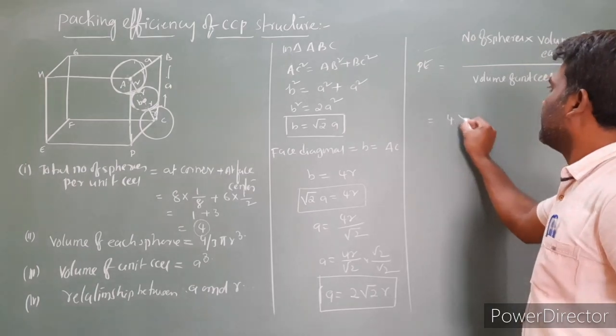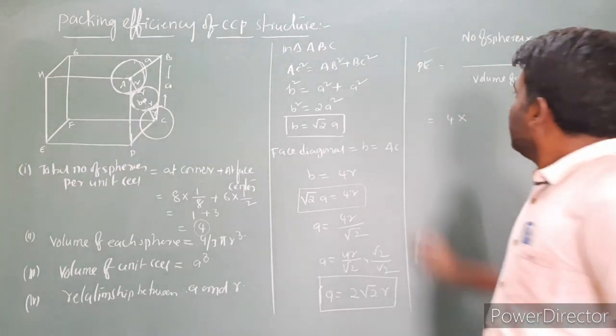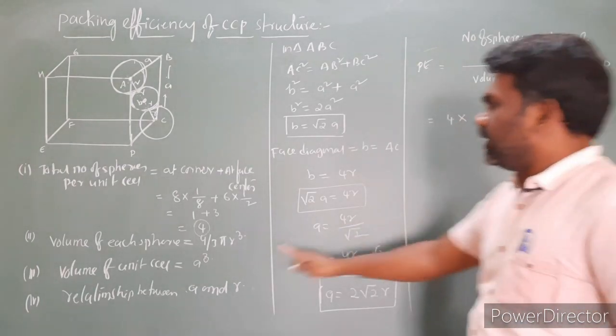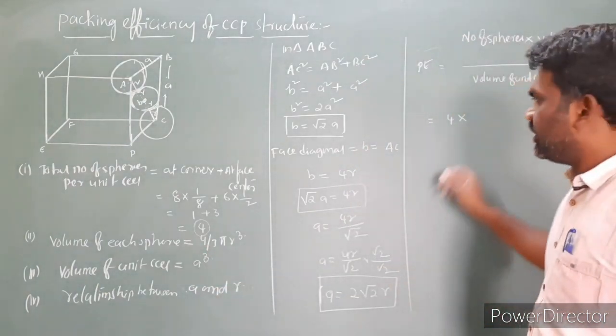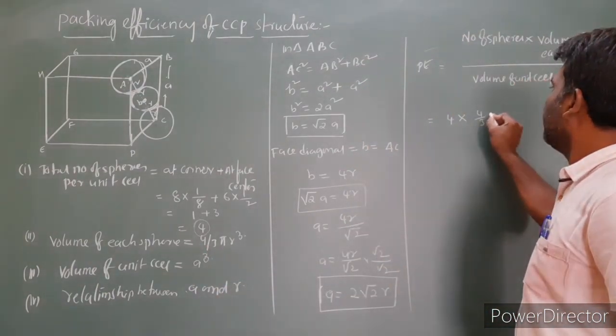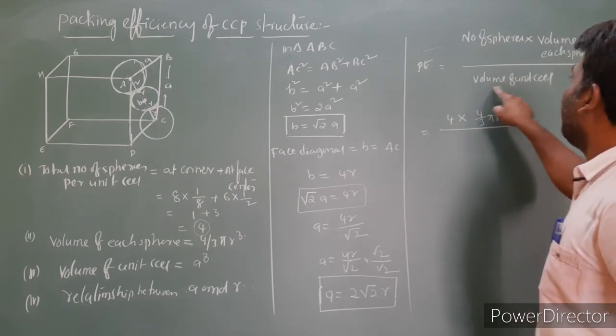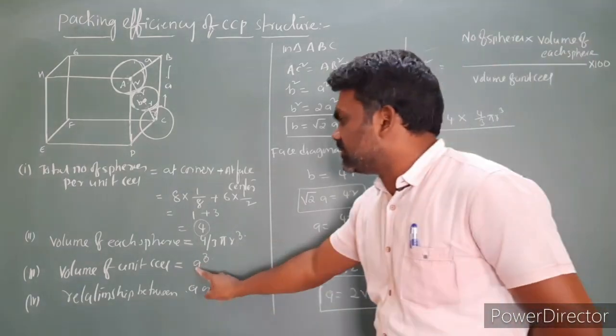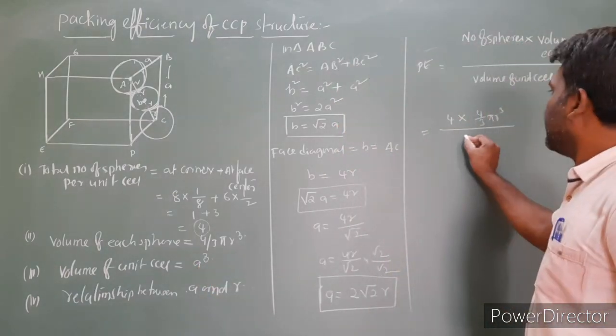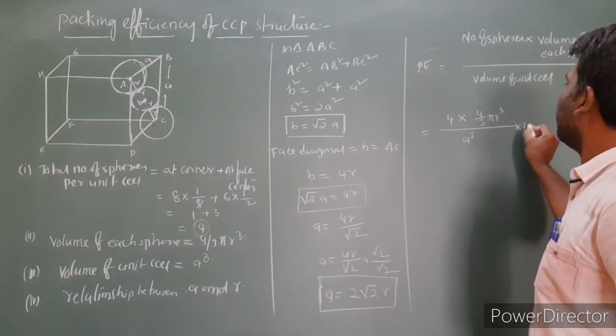So 4 into the volume of each sphere. Volume of each sphere is 4/3 pi r cube, divided by the volume of unit cell. What is the formula for the volume of unit cell? A cube. So A cube into 100.